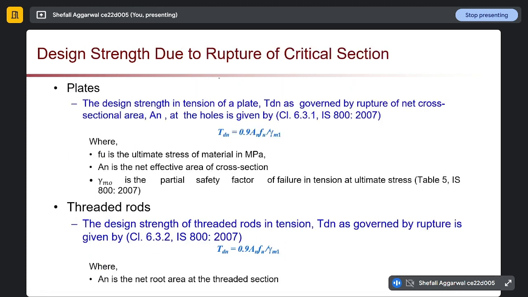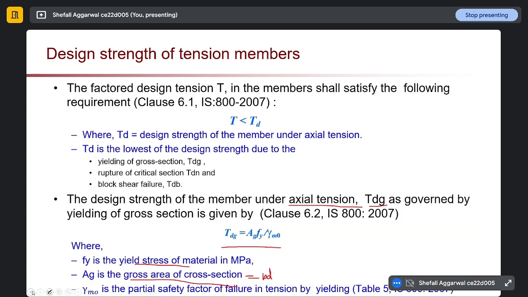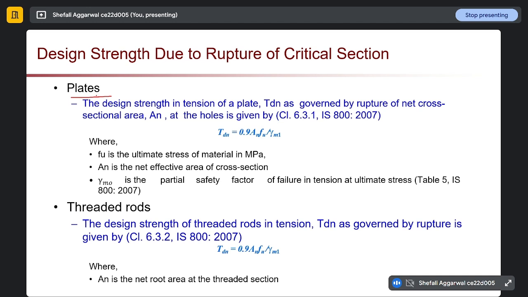Next, if we are designing plates, so the previous design was for the normal tension members. Now the second step is, if we are designing plates as a tension member, then our TDN is given by 0.9 AN Fu divided by gamma m1. Fu will be the ultimate stress. It won't be yield stress in this case. In the previous case we were using yield stress.